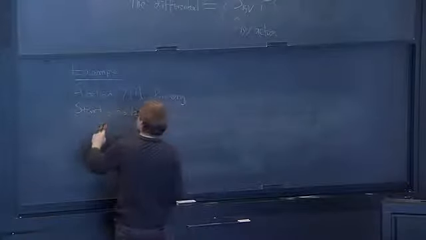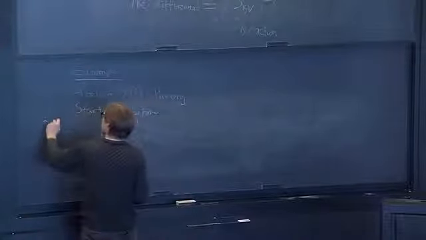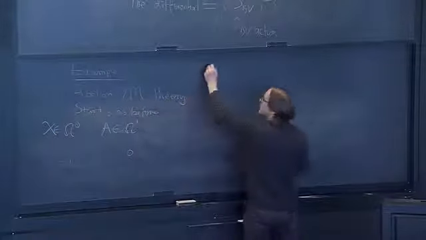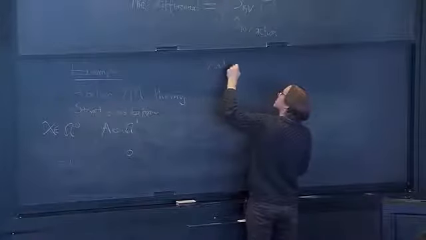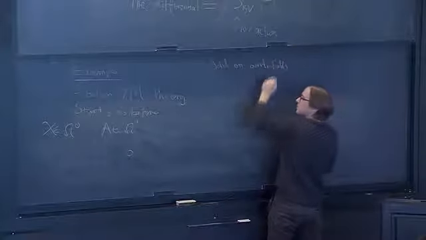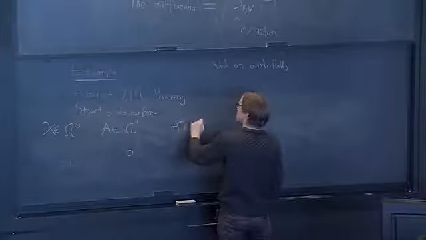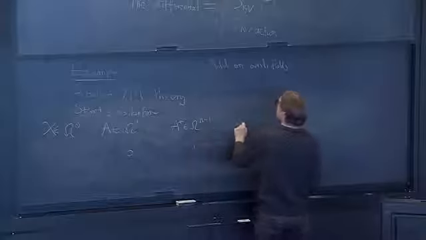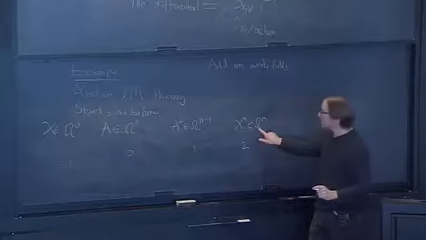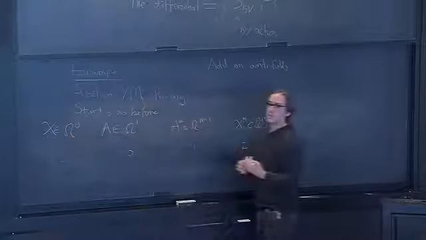We have a field A, which is a one-form. This is degree 0, and something generating the gauge transformations, c. And then we need to add antifields. So there's going to be A star, which is an (n-1)-form, and c star. I've written things so that the symplectic pairing is just given by wedging and integrating.